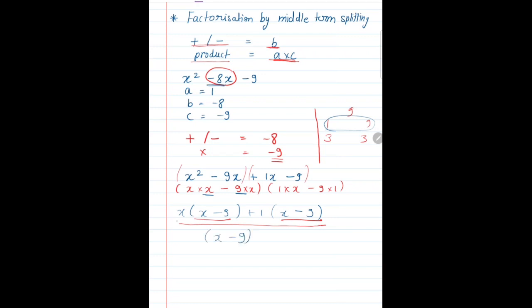After taking it out, what is remaining in this term? x is remaining. Here what is remaining? Positive 1 is remaining. So these are the two factors of your quadratic expression. It means if you multiply these two together, you are again going to get this expression. Alright.